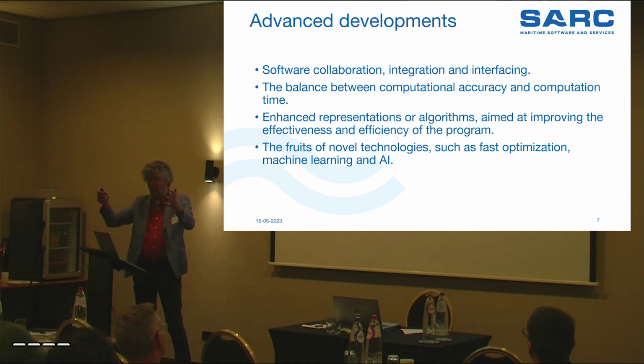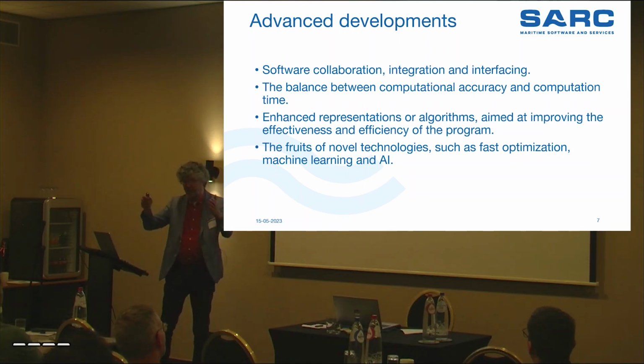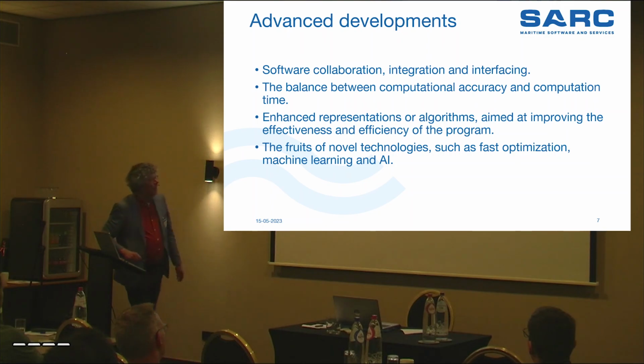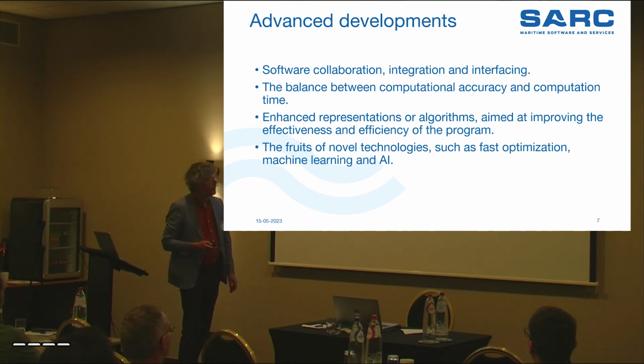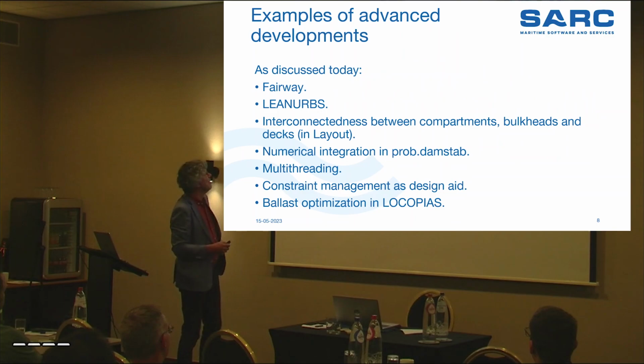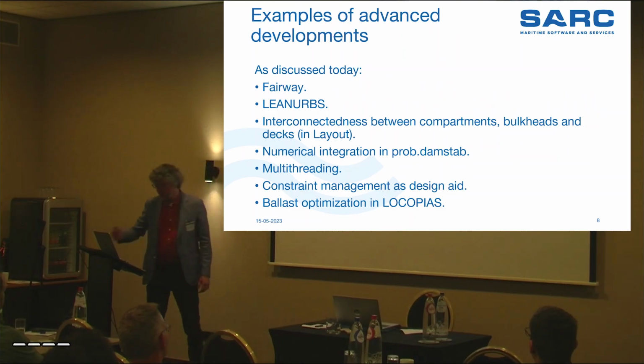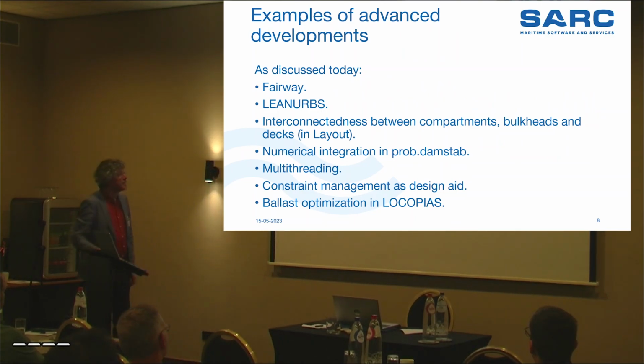We made that also not because it's advanced, but because it saves you time. So it's all aimed at improving the effectiveness and efficiency of the program. And we try to explore the fruits of novel technologies such as fast optimization, machine learning, and AI. So there are a number of advanced developments. I've shown this list to you earlier today, so I'm not going to repeat that.